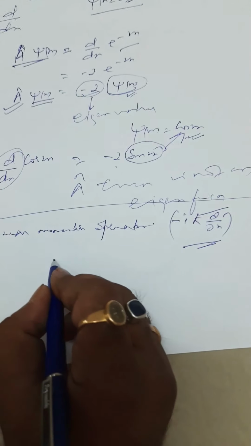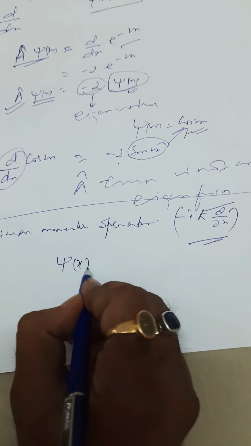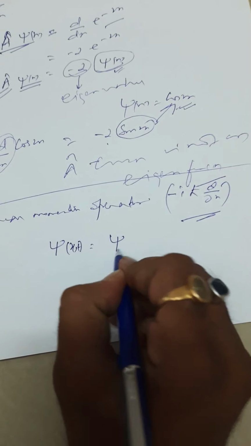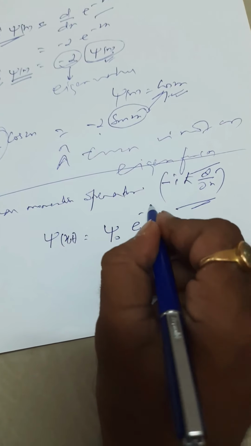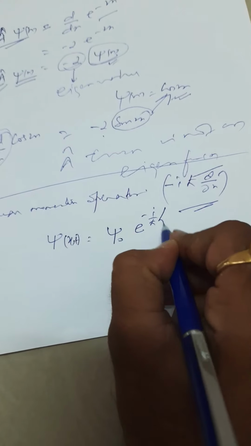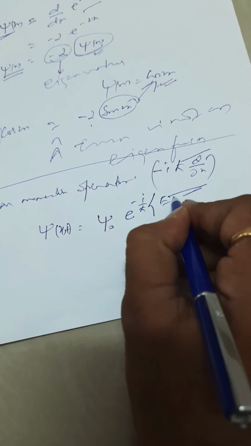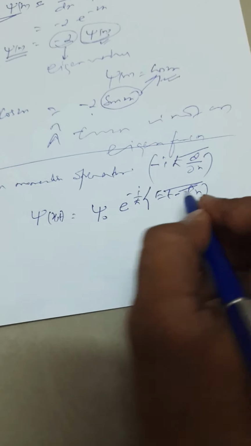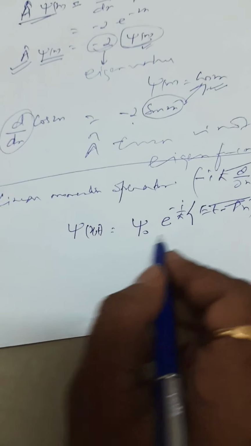We'll again consider a well-defined function psi as a function of x comma t equal to psi naught into e to the power minus i by h cross into (Et minus p x). So we'll consider the wave to be moving along x direction.